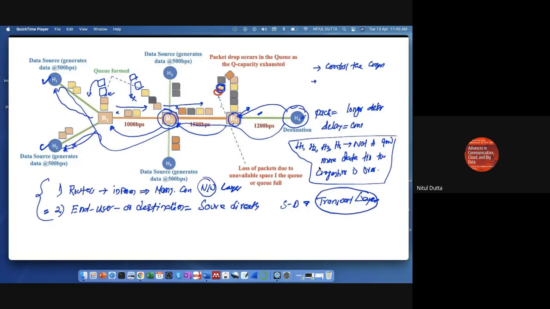And in both cases, the main intention is to inform the source to stop transmitting data temporarily or reduce the data transmission rate.